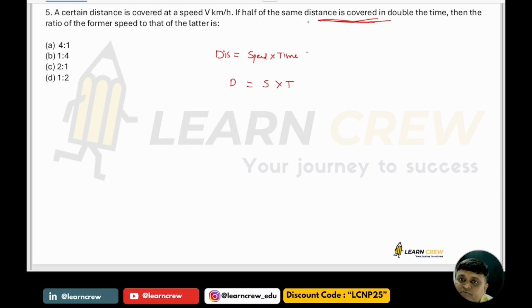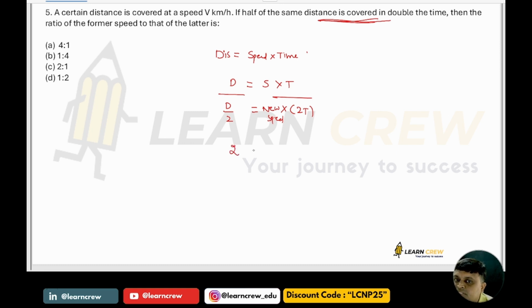If half of the same distance is covered in double the time, then if this is S, this is some new speed. So what will you get? This by this, so D and T cancel.